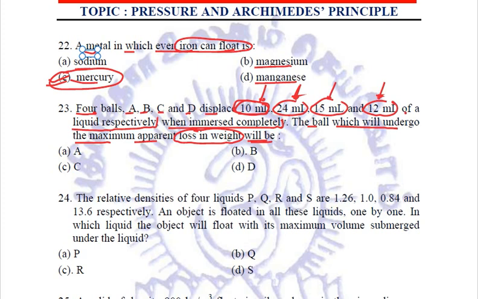So obviously if the amount of liquid displaced by ball B is maximum, it will have the maximum apparent loss in weight. So it will be ball B, which is the correct answer to this question. Fine. Coming to the next question.